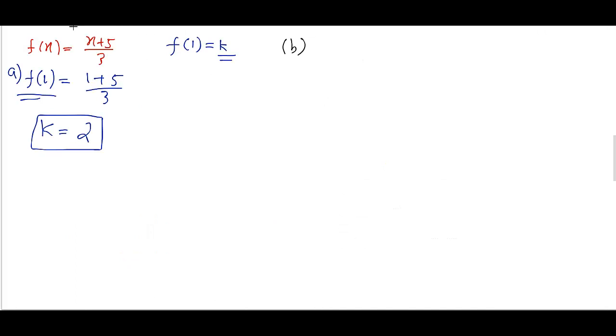To find the inverse of this function, we will let f of x equal y. So we will replace f of x with y. So the function will become y is equal to (x + 5) over 3.